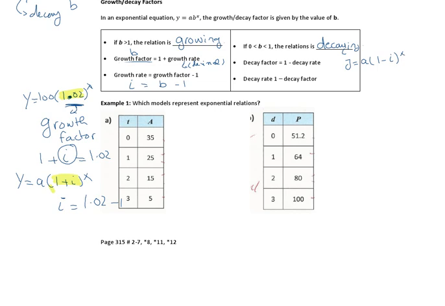This whole thing is b, which is my decay factor. Now the decay rate is also equal to 1 minus the decay factor. So if I want to find the decay rate, I have to do 1 minus the decay factor, to isolate for I.